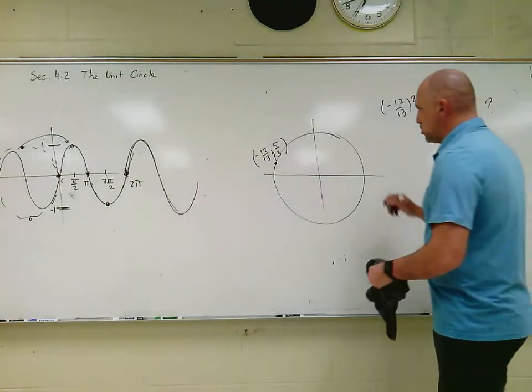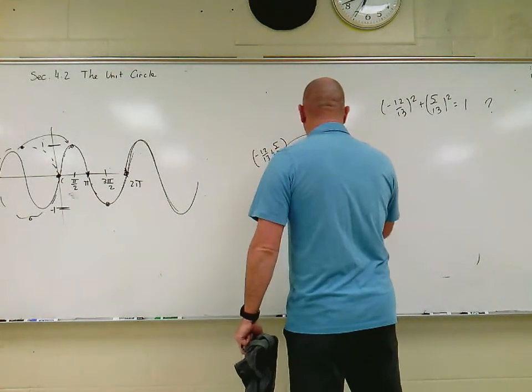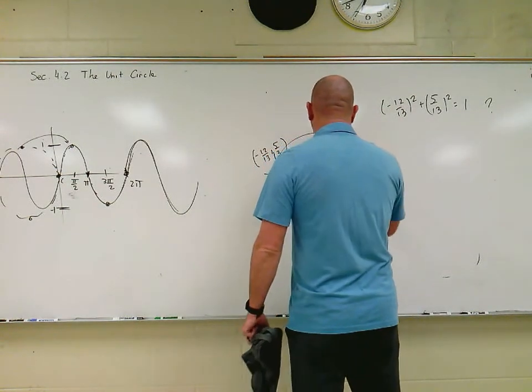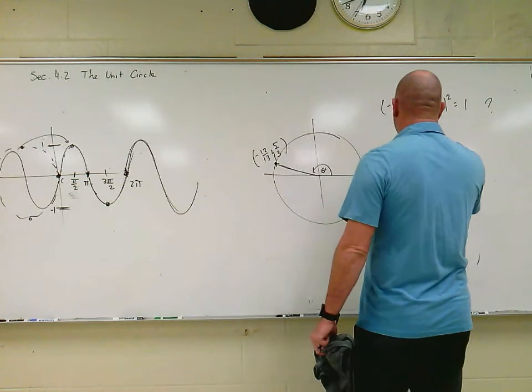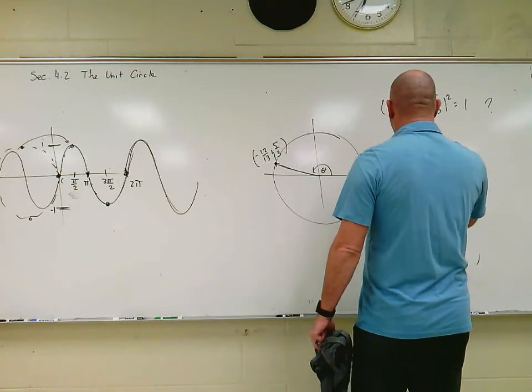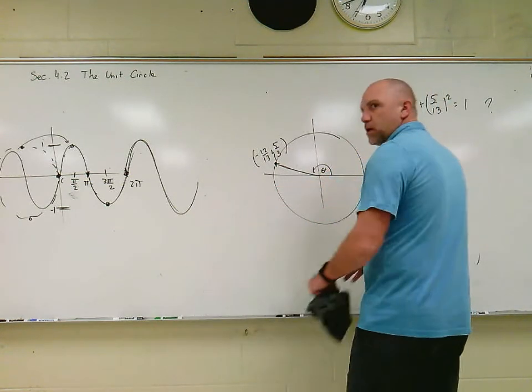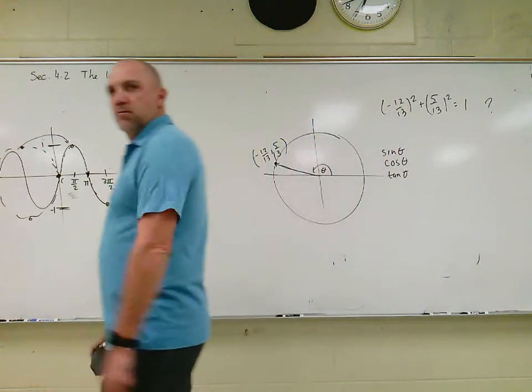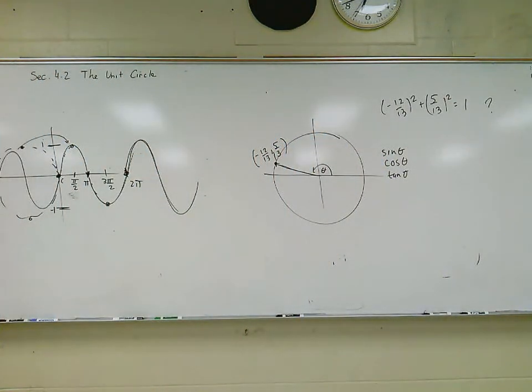All right. So here's what I want you to do. Here's your angle. Find sine theta, cosine theta, and tangent theta just by using the point. I hope that you got it. You don't need a triangle, just use the point.